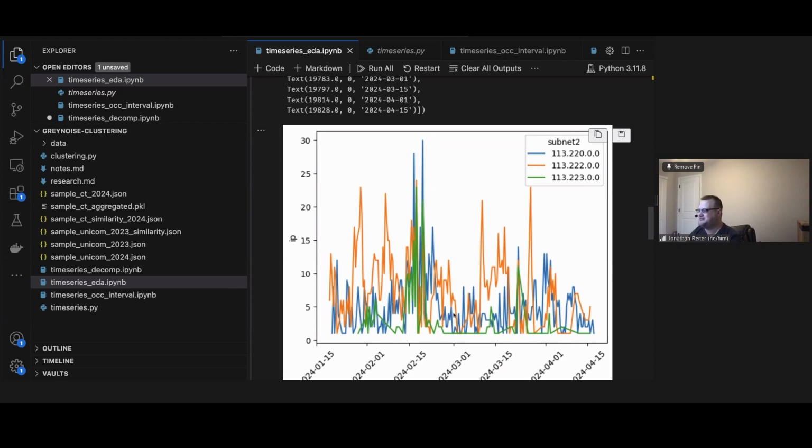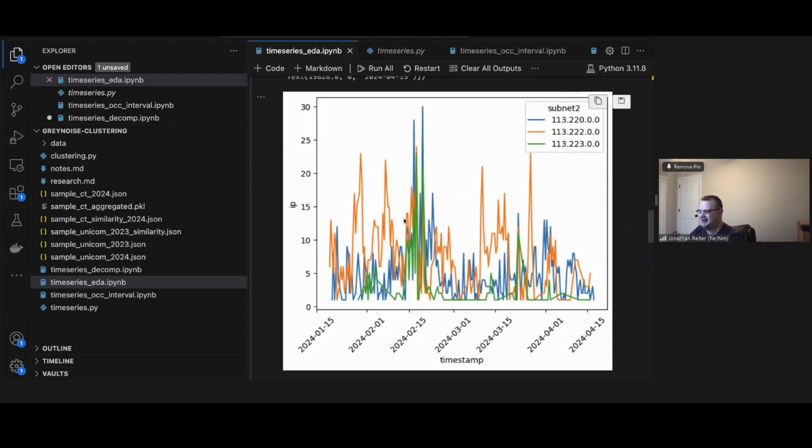You can see periods, for instance, where 223 has like a base form of maybe performing some occasional scans, whereas 222 and 220 are very, very busy. Mainly the main correlated area is centered around 215. I don't have an answer for why this happens.